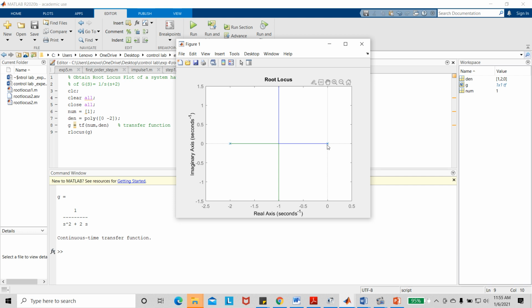The system pole starts from k = 0, and as k increases, the locus goes in this direction, and this ends at k equal to infinity. So this is how the system characteristics behave.